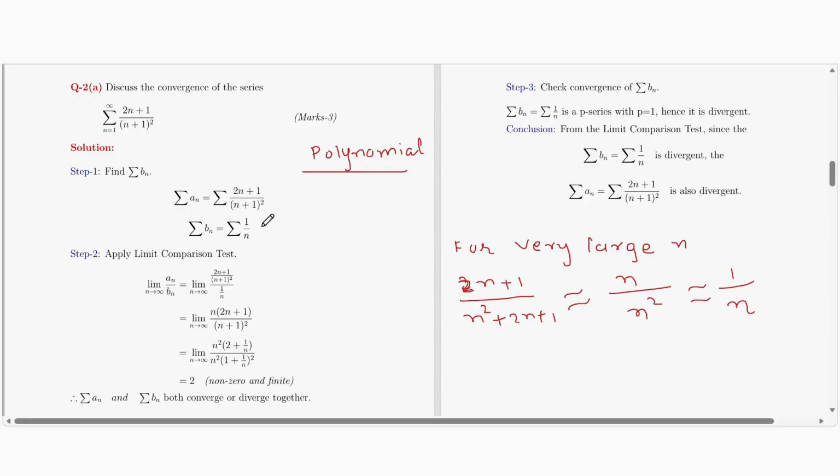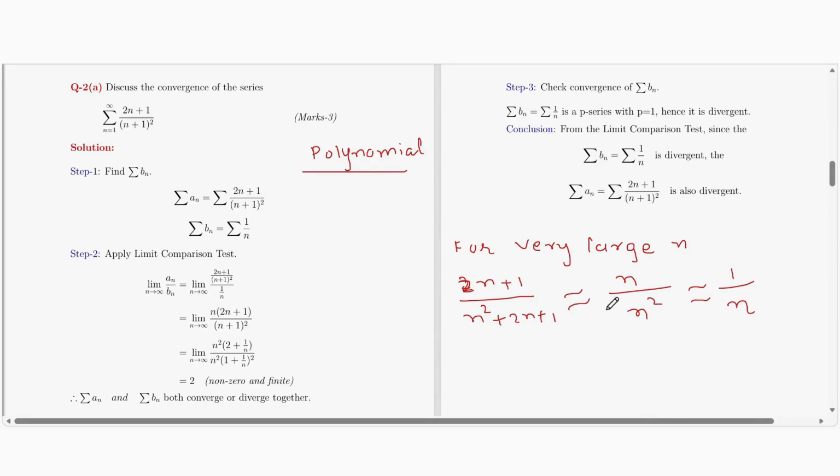Now here square is given, so simplify this. So we will get n square plus 2n plus 1. So for very large value of n, this one is approximately equal to n upon n square. Can we write? And here 1 n is cancelled out, so that's why this one is same as 1 upon n. Okay, so this is my new series bn.